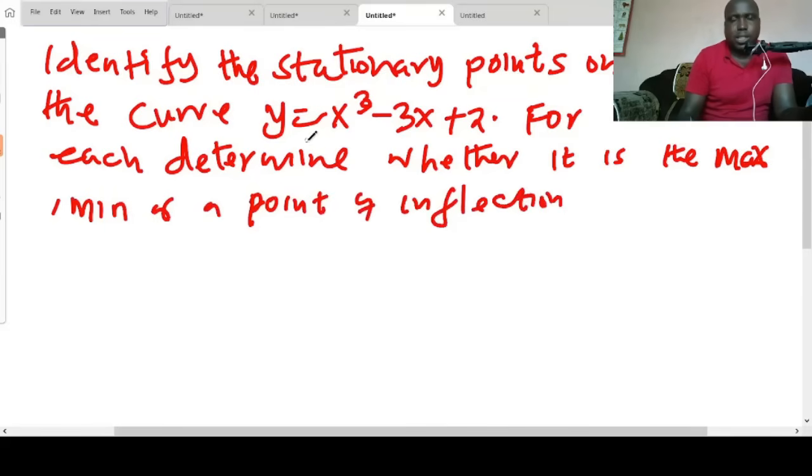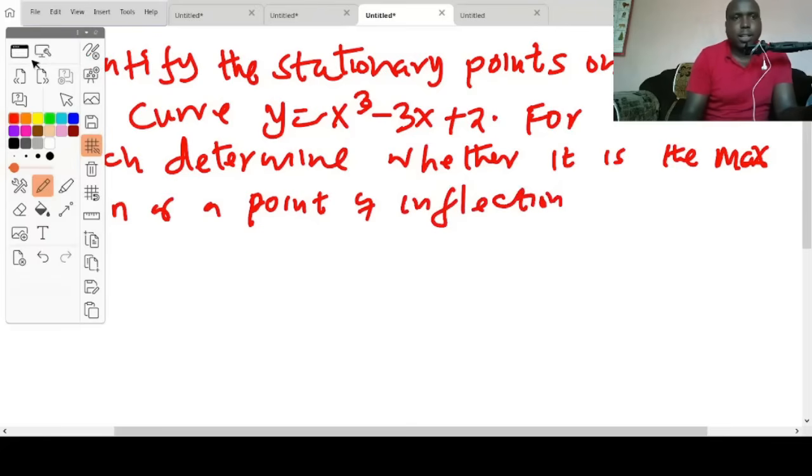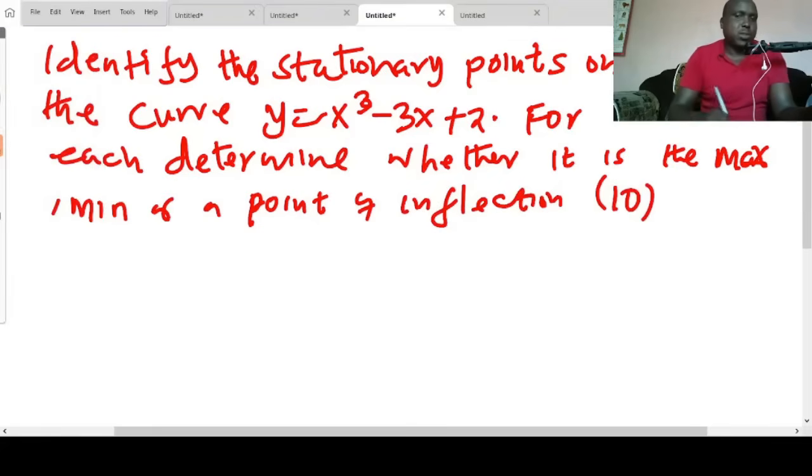This question contains 10 marks. That's paper 1. We expect a question of this nature in paper 1, section B, or section 2.